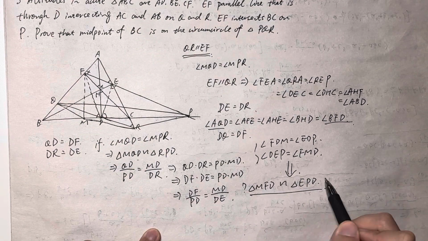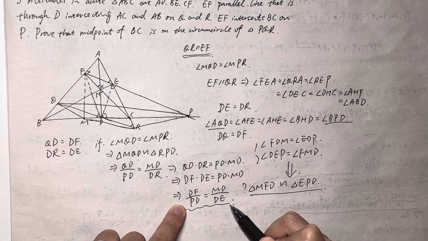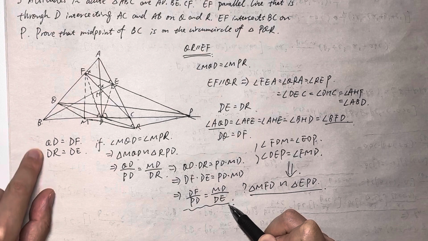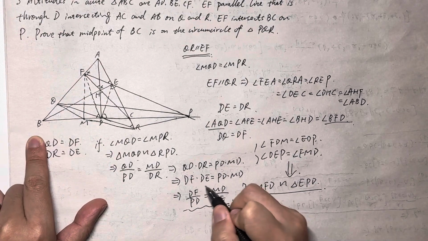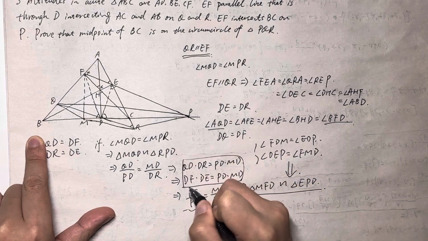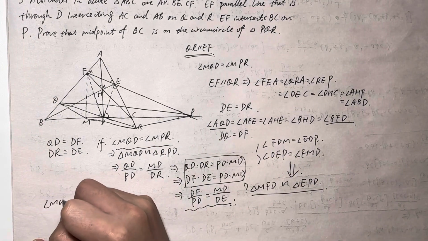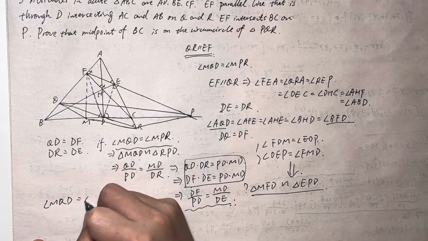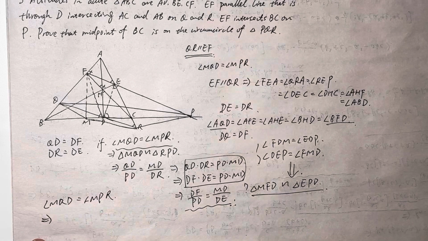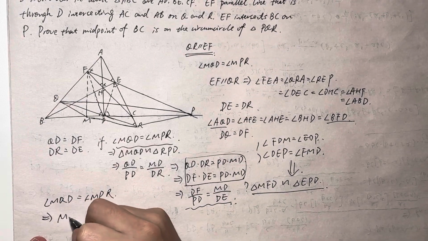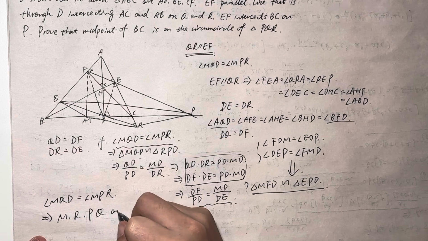And from this, we know that this ratio is valid. And from this ratio, we already proved this condition. So these are valid, and all the way back we know angle MQD equals angle MPR, which means MRPQ are cyclic.